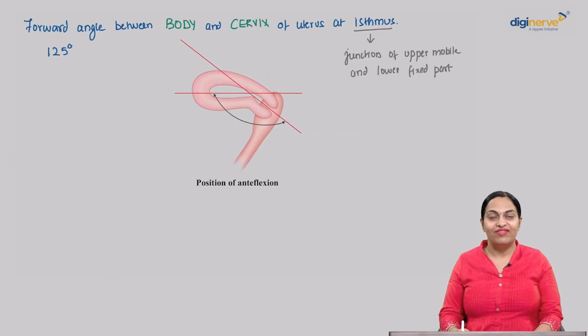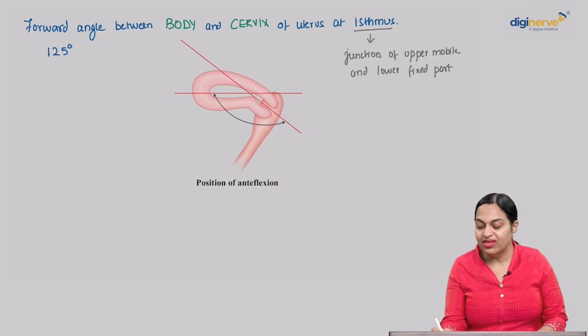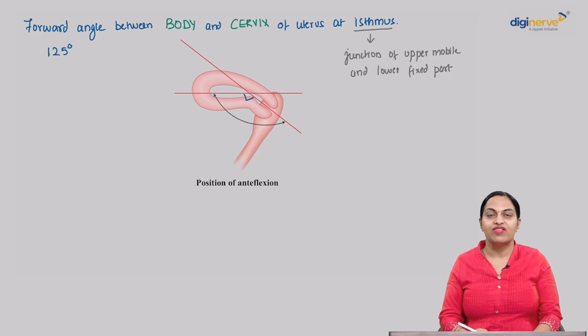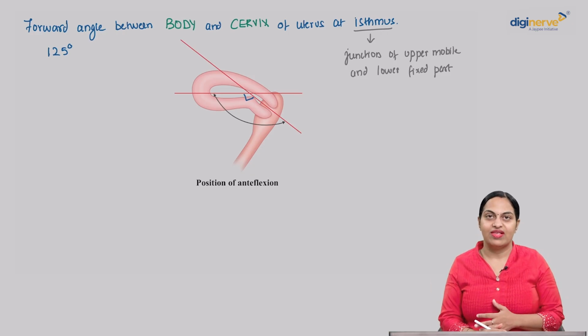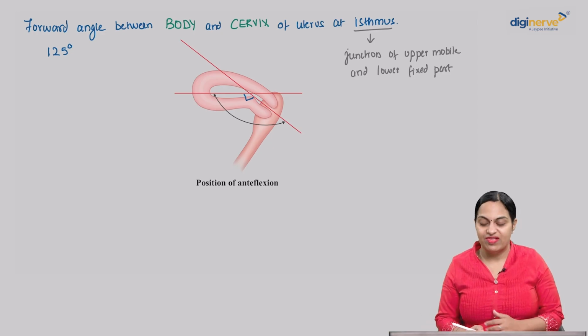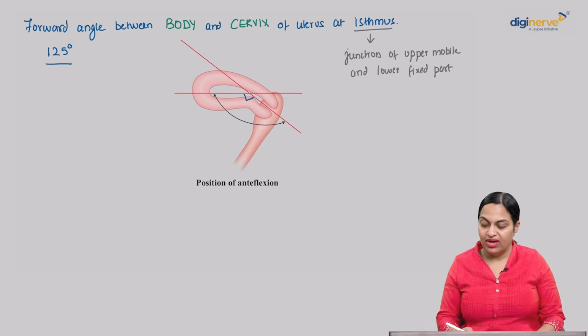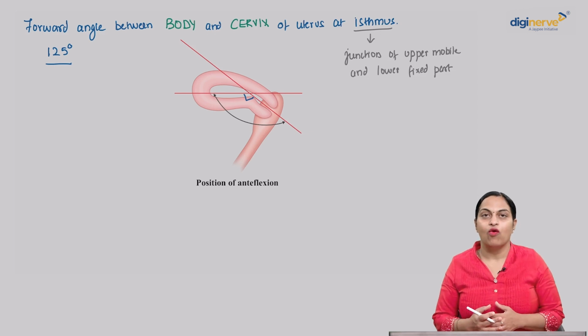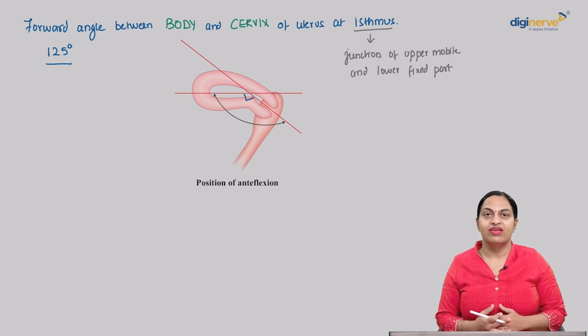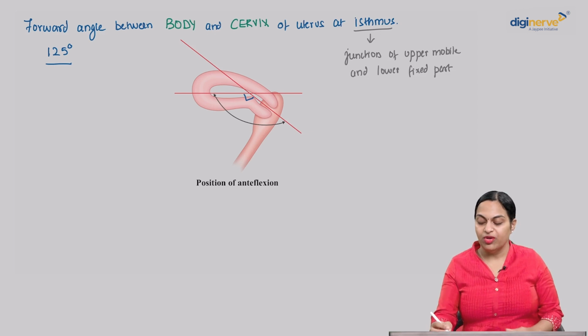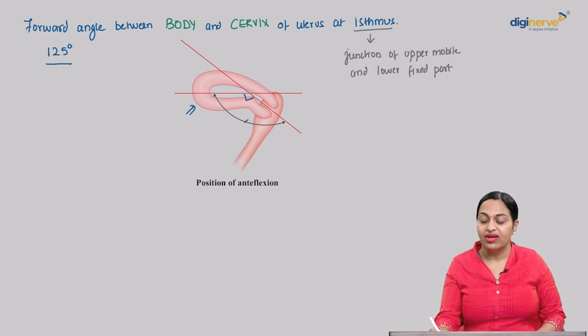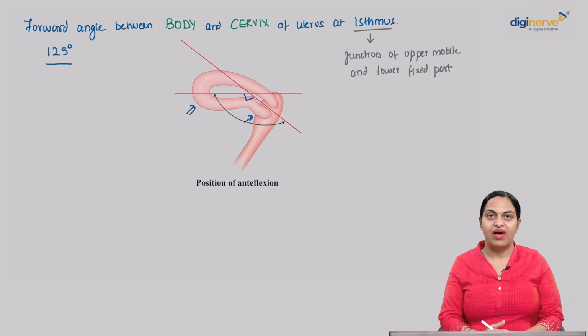And then antiflexion is nothing but the angle between the body of the uterus and the cervix at the isthmus. It corresponds to 125 degrees, right? So this angle of antiflexion at the isthmus is the junction between the upper mobile part and the lower fixed part.